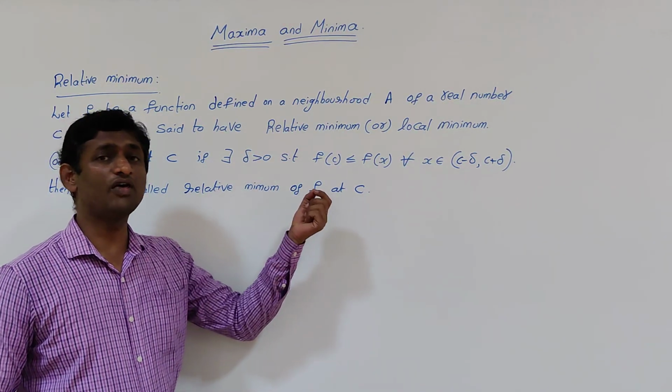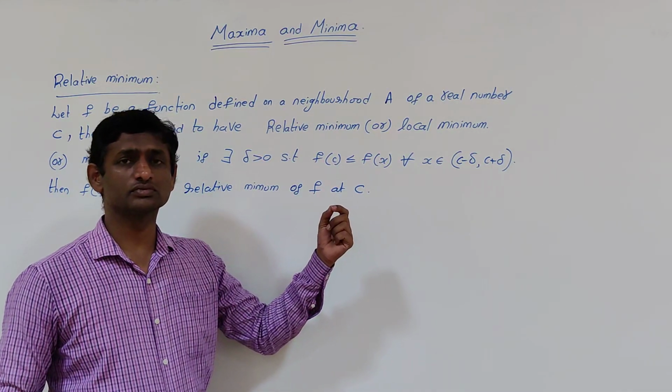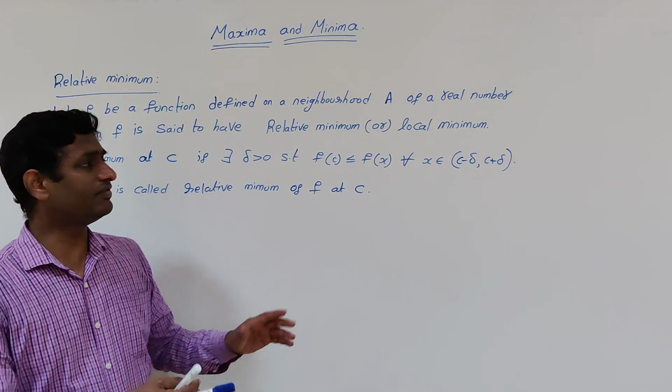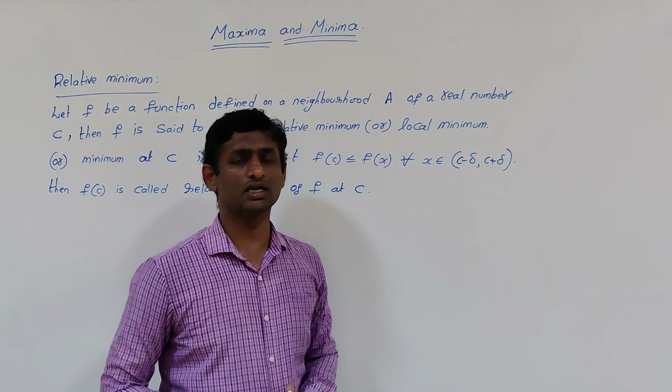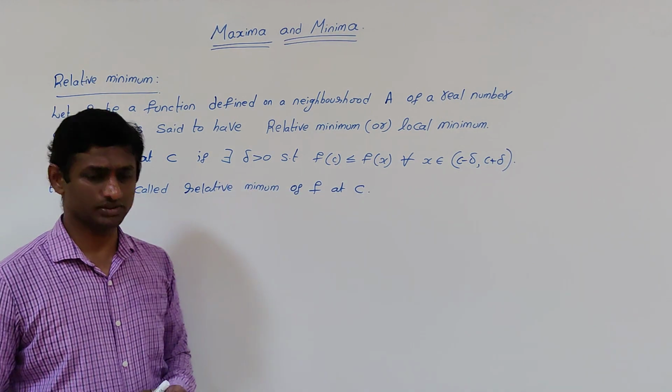Means the f of C value is less than all the outputs between C minus delta and C plus delta. Then f of C is called the relative minimum of f at C.